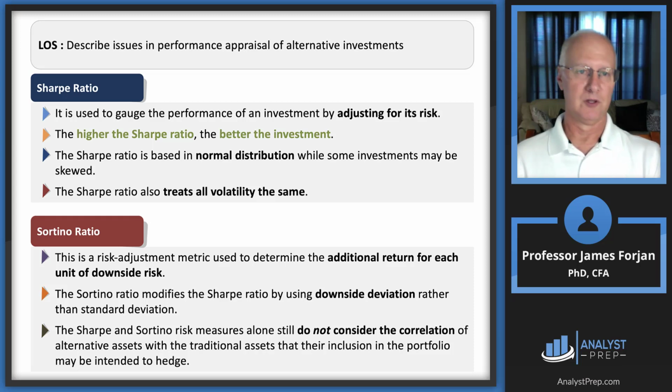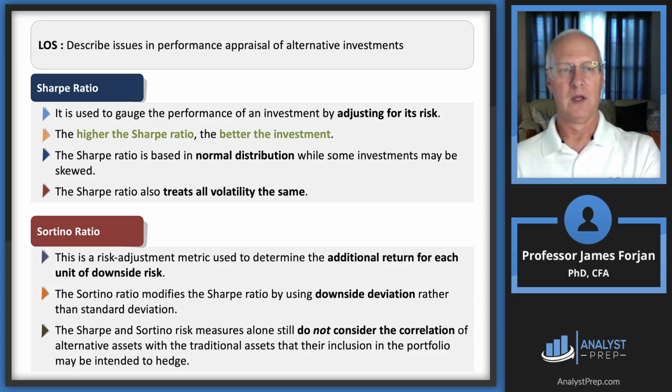And of course, Sharpe defines risk as standard deviation. So that's why that first arrow point, we're told gauge the performance of an investment by adjusting for risk. We adjust for risk by dividing that in the denominator.